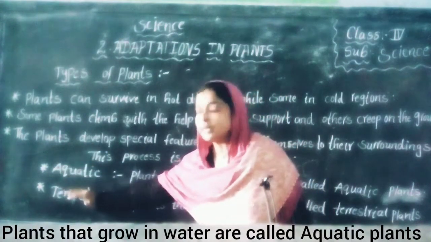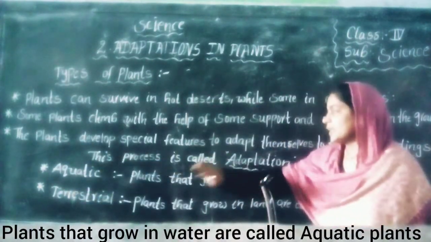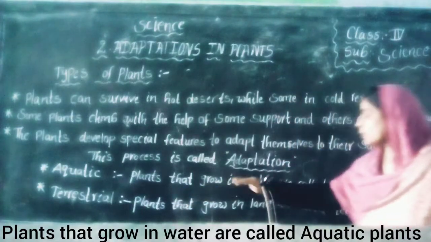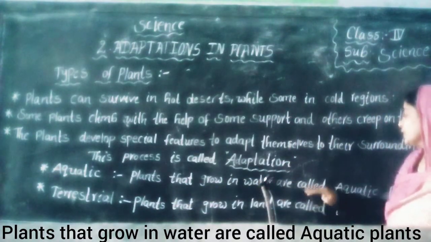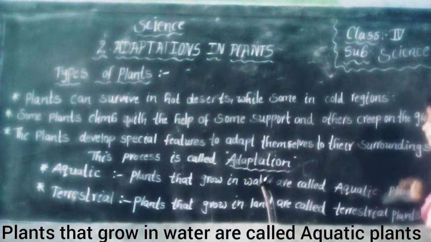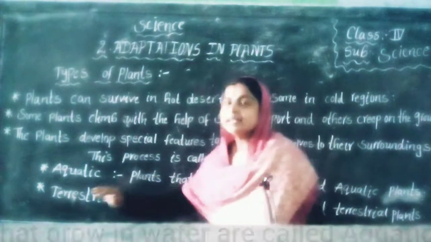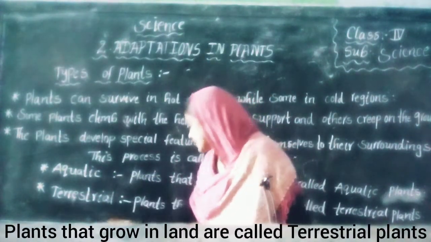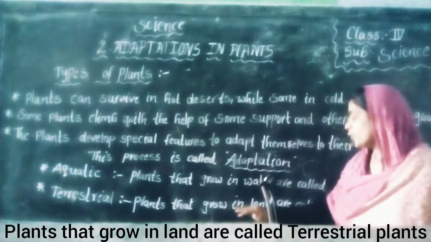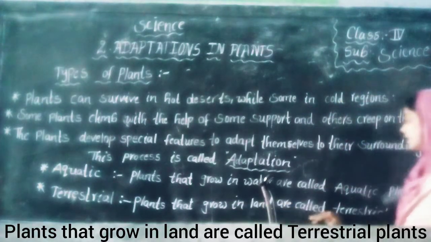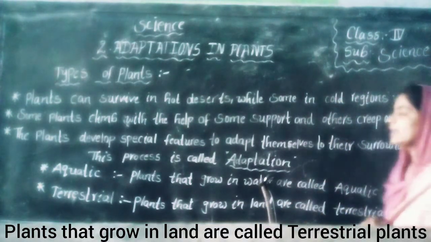What are aquatic plants? Plants that grow in water are called aquatic plants. And terrestrial plants: plants that grow on land are called terrestrial plants.